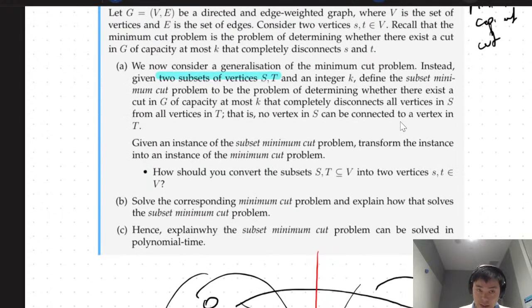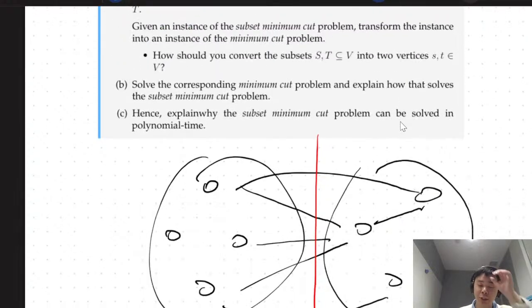So let's look at part A. Given an instance of the subset min cut problem, how would you transform it into an instance of the minimum cut problem? In other words, you want to go from a subset of vertices to two vertices. So how might you do that? Are there any thoughts?